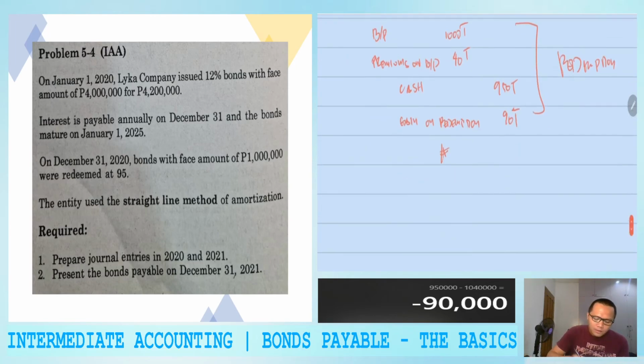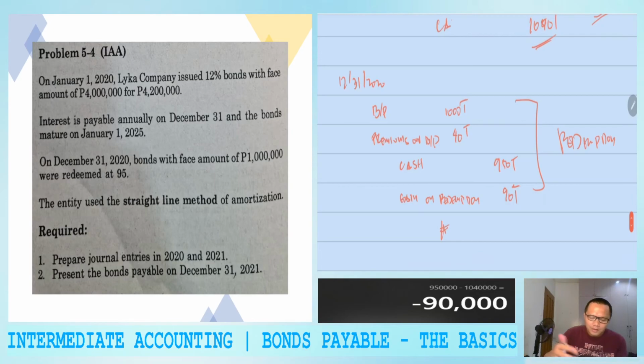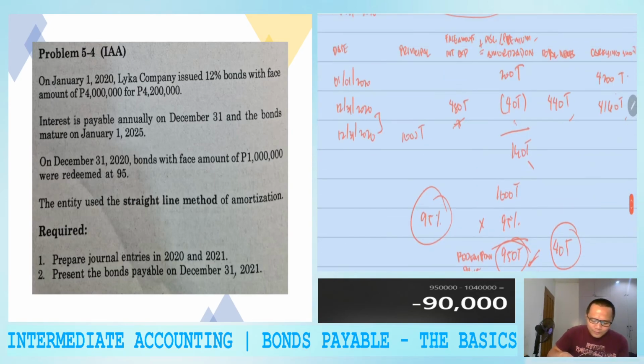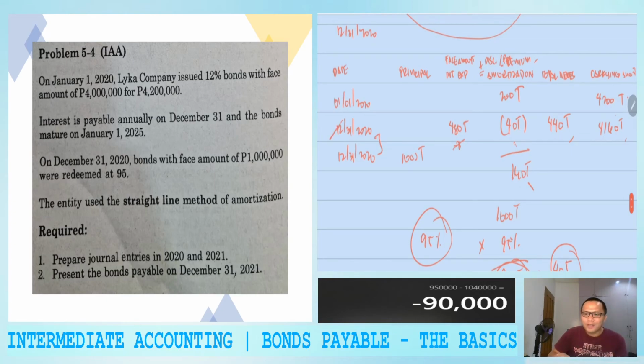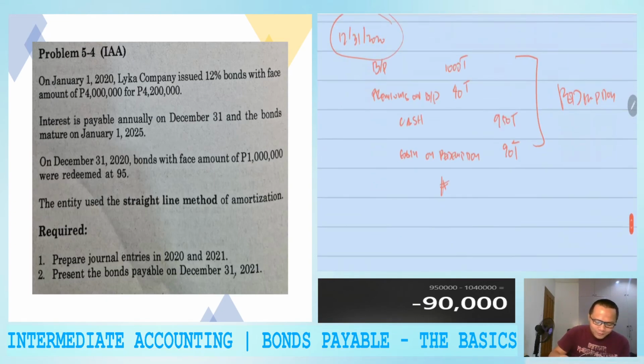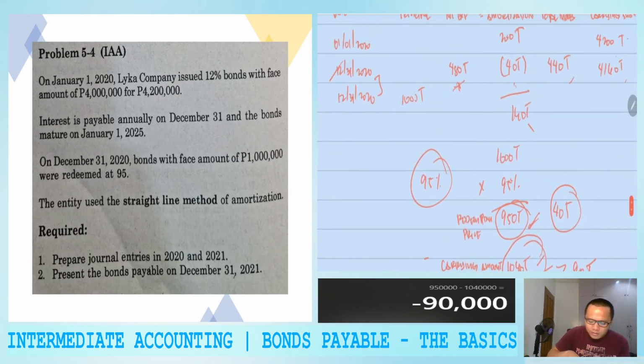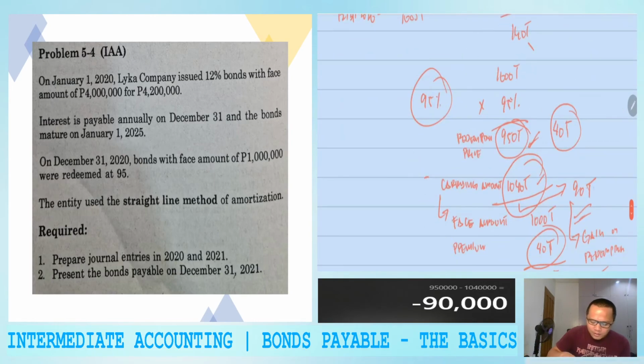Now, however, nakaligtaan natin kanina, again, prior to this entry, we need to make entry for this, nakalimutan natin. So, the entry for that, on 12/31/2020, debit interest expense, credit cash. Magkano yon? 480,000.